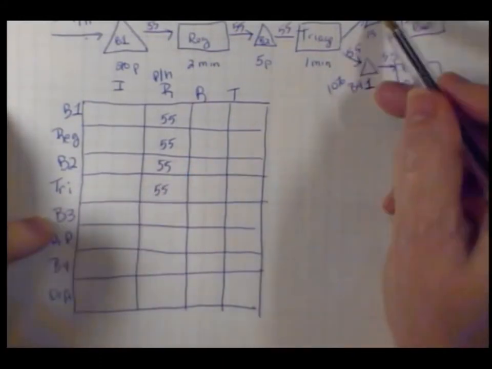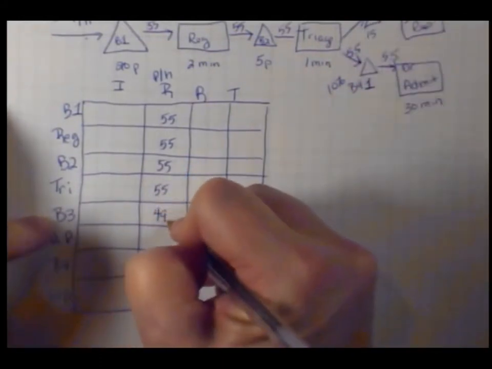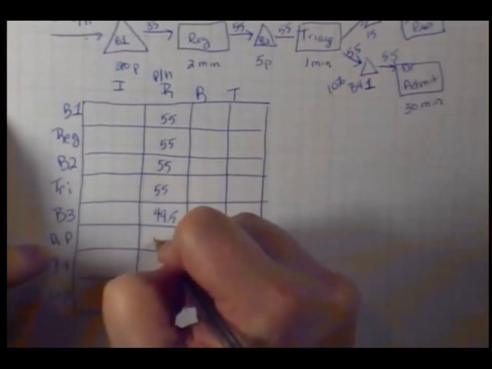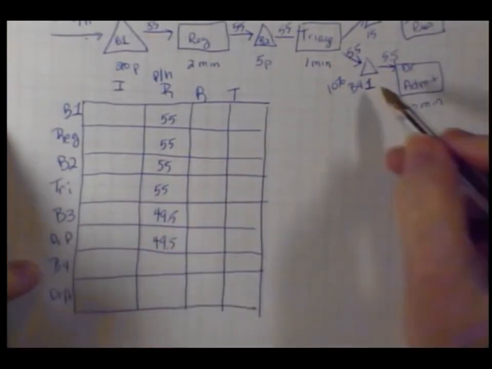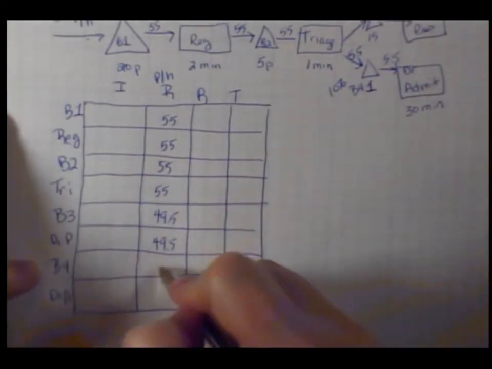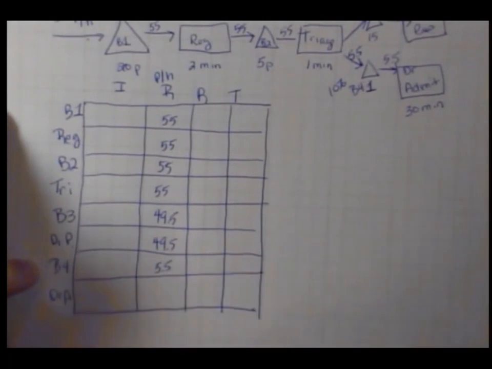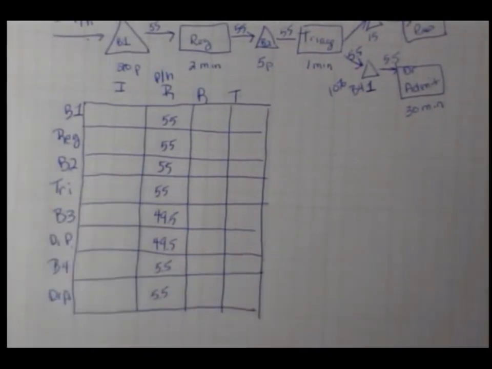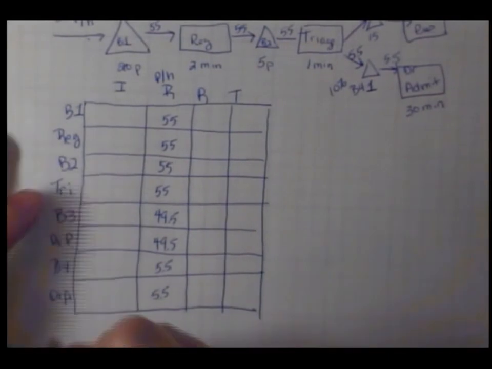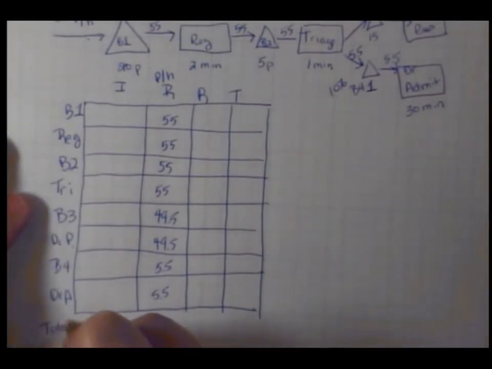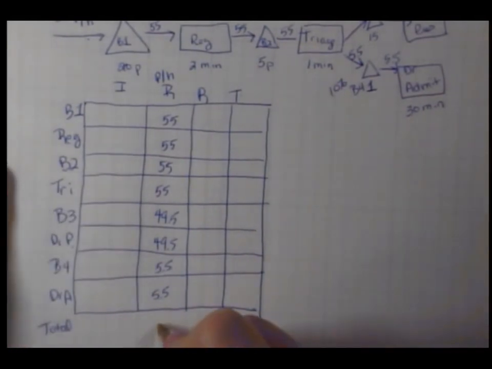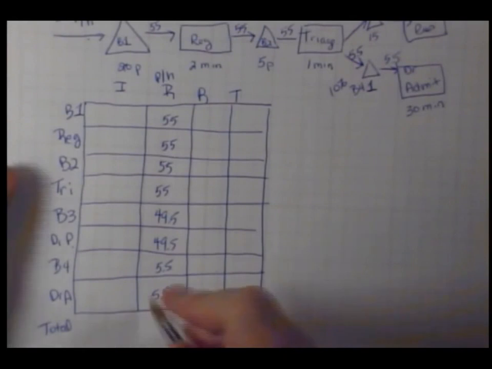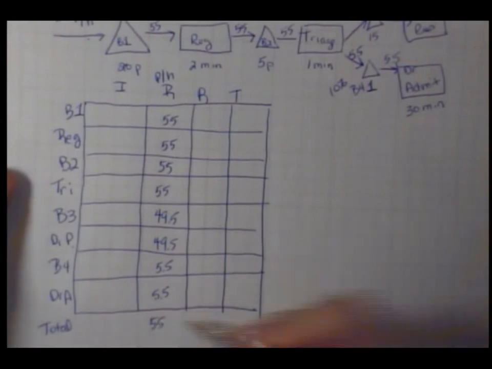At buffer 3, which is where we split off, it's 49.5, and doctor prescription is 49.5. Buffer 4 is 5.5, because that's my 10% going to admit. Okay, so my total for this system is how much? My total throughput? 55 patients per hour. Okay?